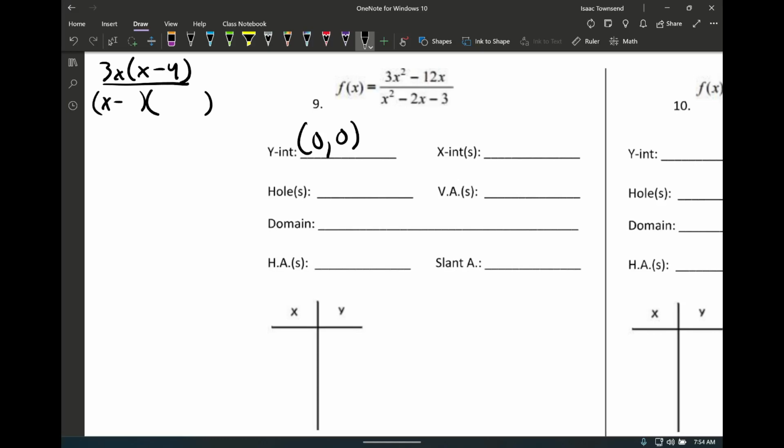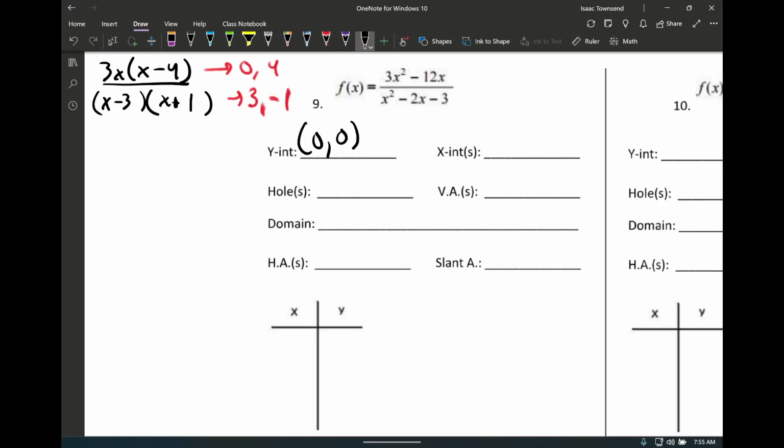Actually saves me time in the long run anyway. So it looks like the numerator equals 0 at 0 and 4, and the denominator equals 0 at 3 and -4. Wait, that's not a 4. That would be a 1. There we go. 3 and -1.